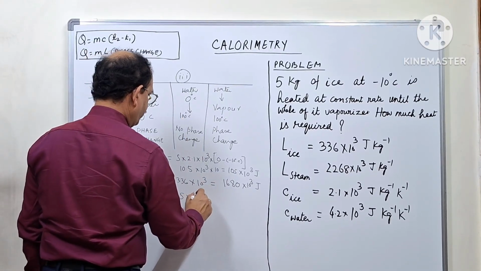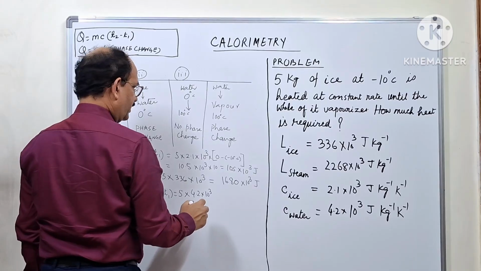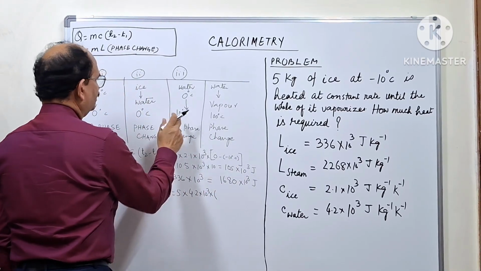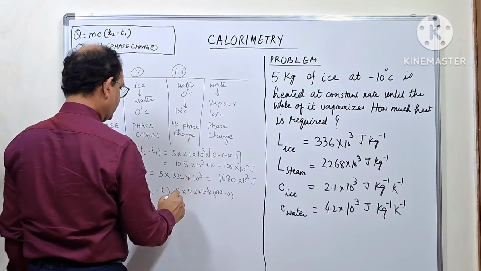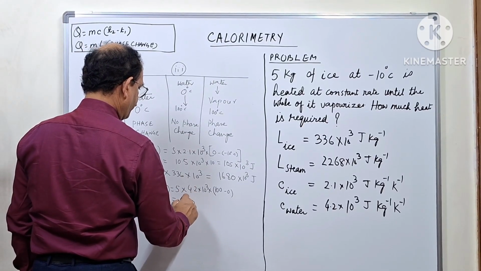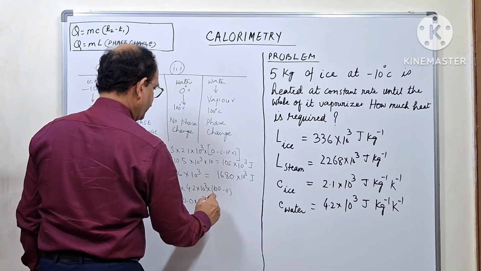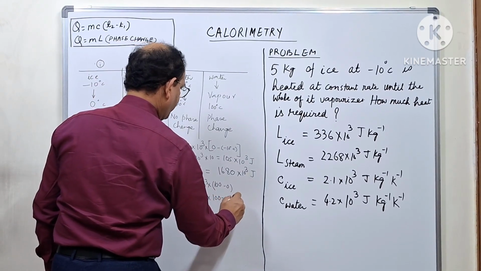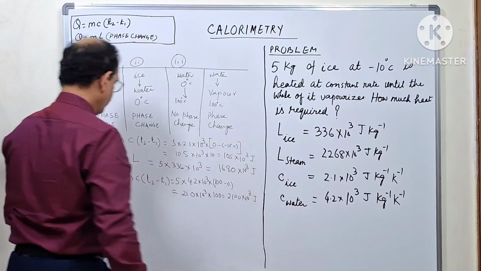So it will be 5 into 4.2 into 10 to the power 3 joule per kg per Kelvin multiplied by 100, since it is reaching 100 degrees Celsius starting from 0 degrees Celsius. So this will become 21.0 into 10 to the power 3 into 100, which is 2100 into 10 to the power 3 joule.